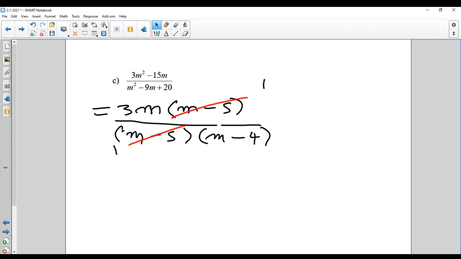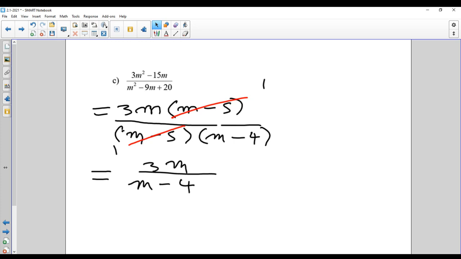All right? Okay. Aaron, what do I have left after I reduce it down? 3m over m minus 4, like that? That's what you're saying? I agree. I absolutely agree.